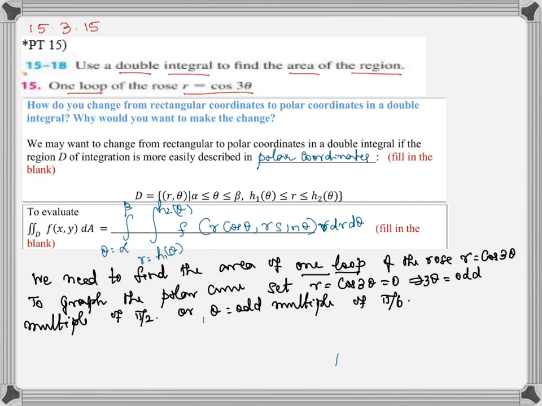So we can consider the polar graph of this rose r equals cosine 3 theta. You have done these graphs in your calculus 2 class, just a revisit of this topic. Whenever you do a polar graph, it's ideal to do the Cartesian graph first and then the polar graph.